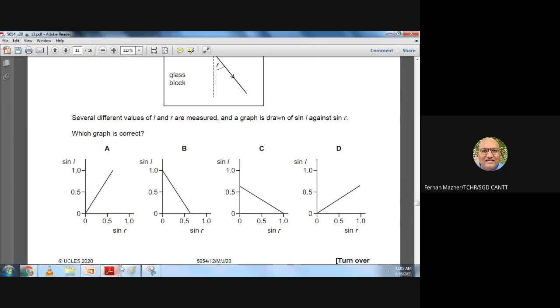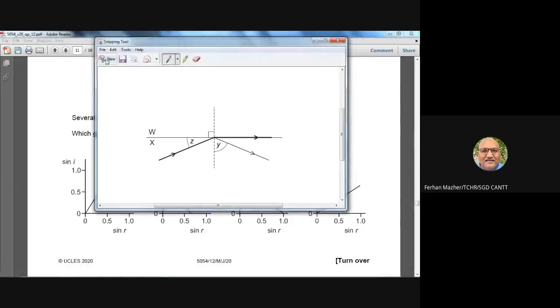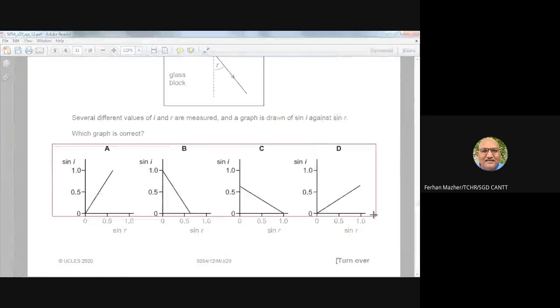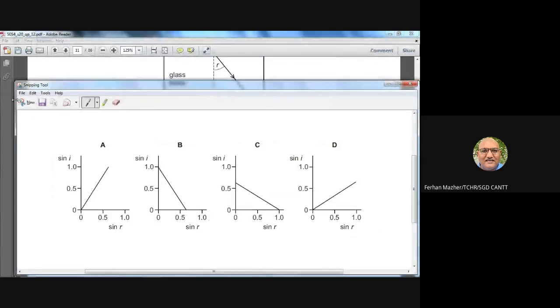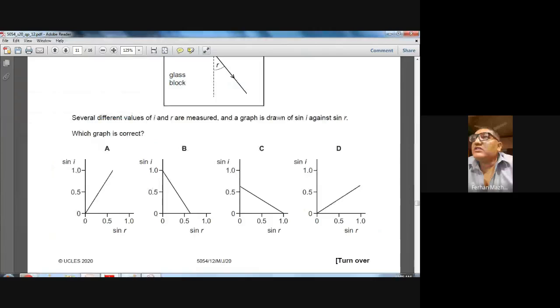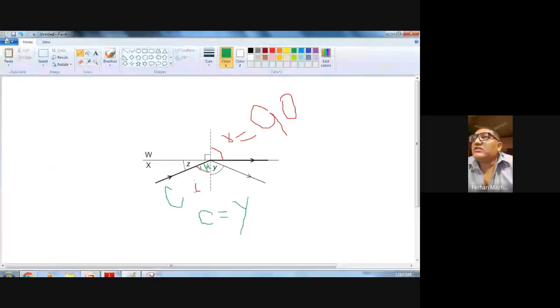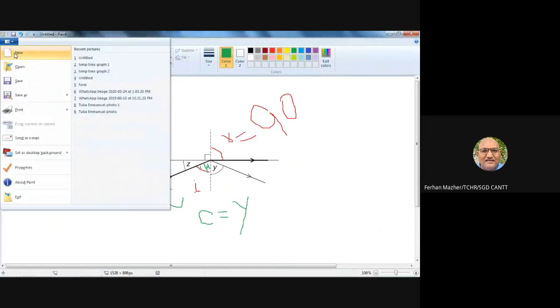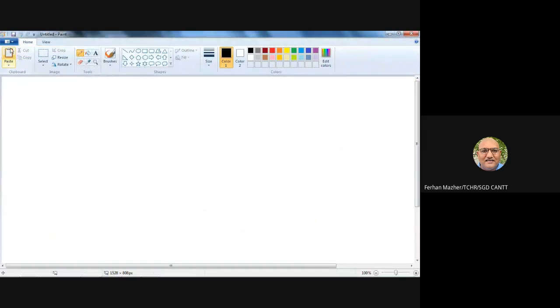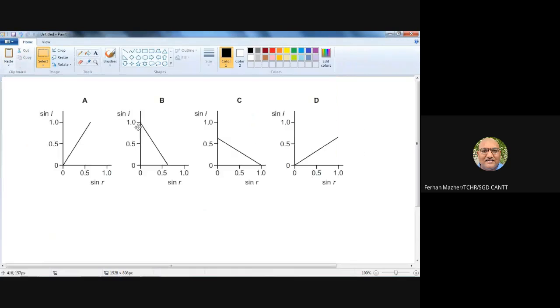let me take this and show you in Paint how this is actually done. Let me copy it from here and show you this in Paint, and let's find out how we do it. What I will do, I will try to find out the slope of each graph.